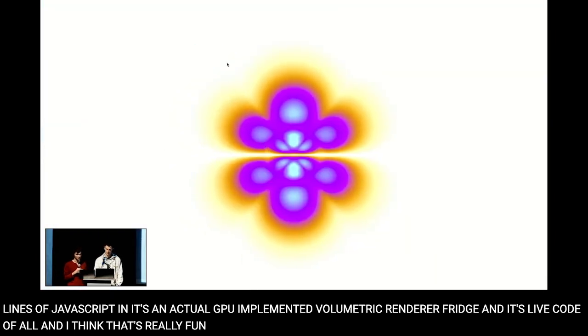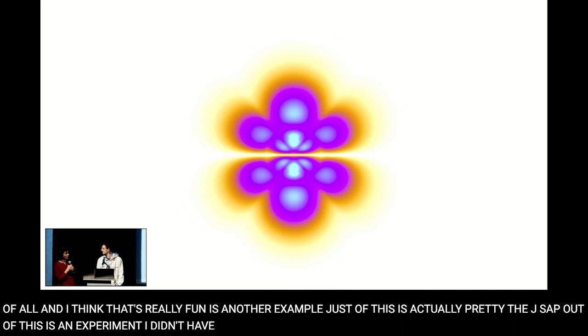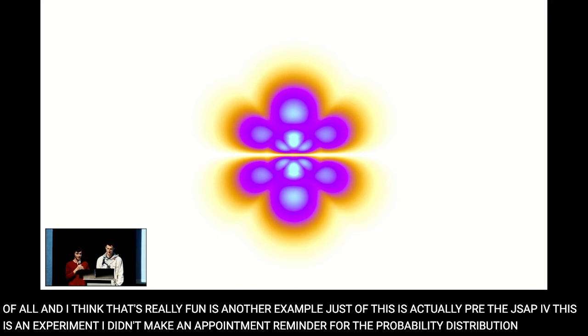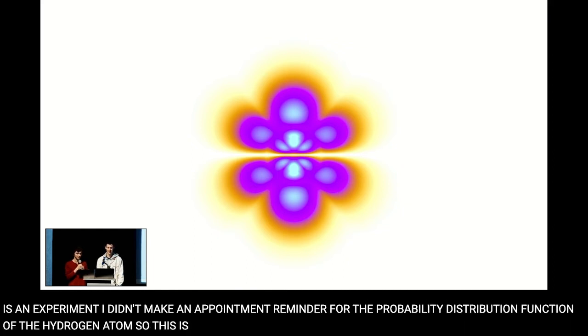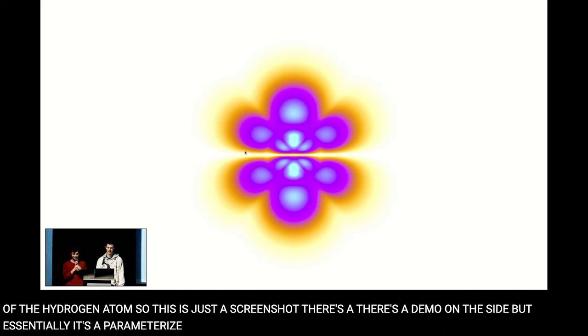Here's another example. This was actually before the JS API, but it's an experiment I did making a volumetric renderer for the probability distribution function of the hydrogen atom. This is just a screenshot. There's a demo on the site, but essentially it's a parameterized electron cloud density in the hydrogen atom.